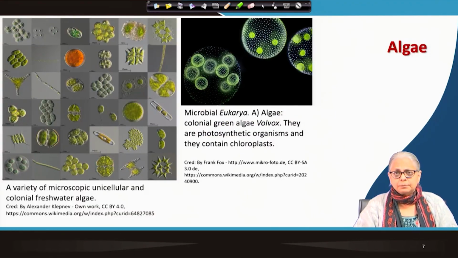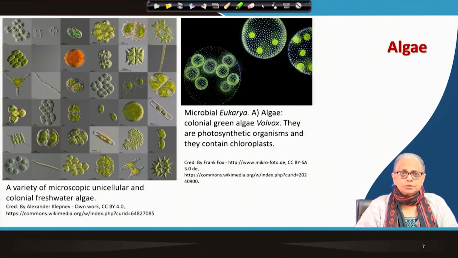Here are some more examples. We will be going into some details of all of them in, like I said, subsequent topics, but for now I'm just giving you an overview for this particular topic. Algae are everywhere around you as well. In any aquatic medium, you will find, especially surface water bodies, whether they are small ponds or large reservoirs, you are likely to find algal cells, and they come in two categories.